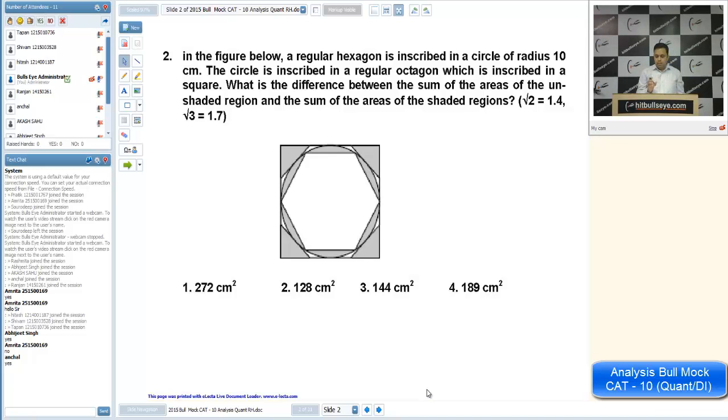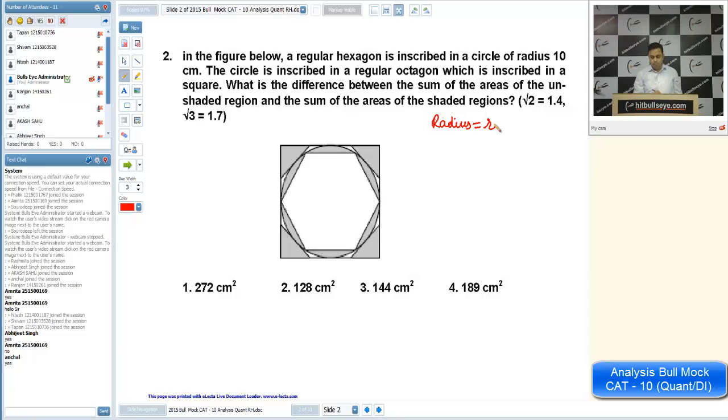Now here the radius of the circle is given to be equal to 10. For our calculations, let us take the radius of the circle equal to say r. This is just for the calculation part. We will substitute the value of r equal to 10 after the calculations are over.